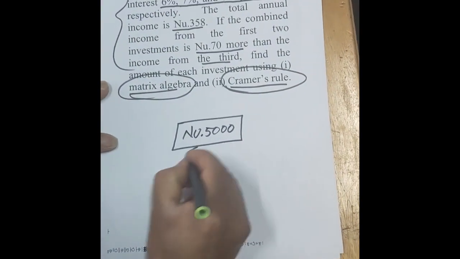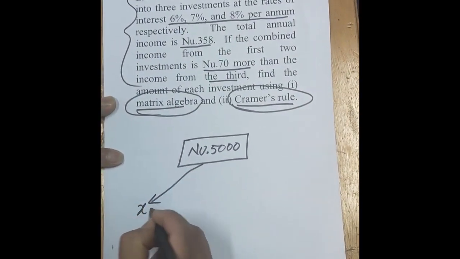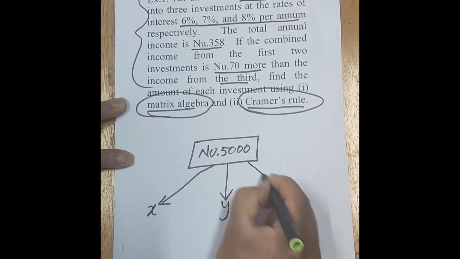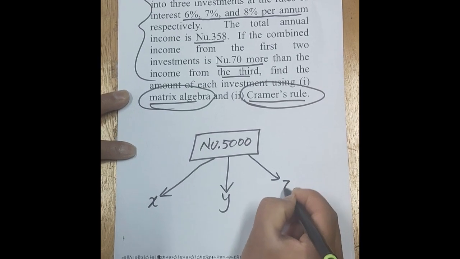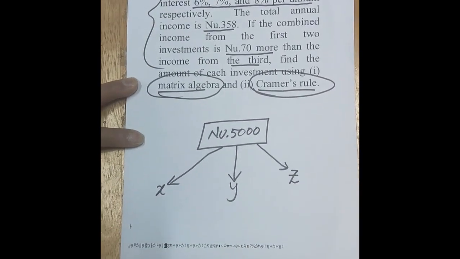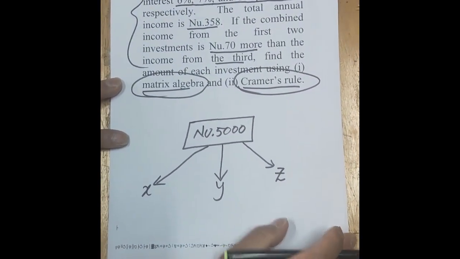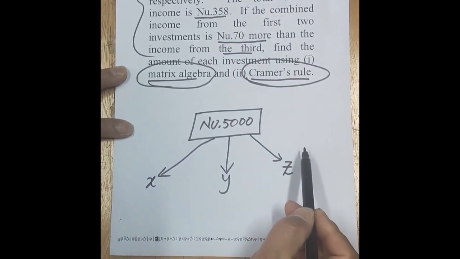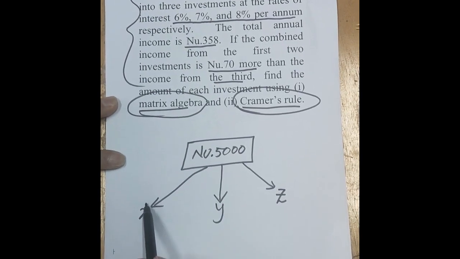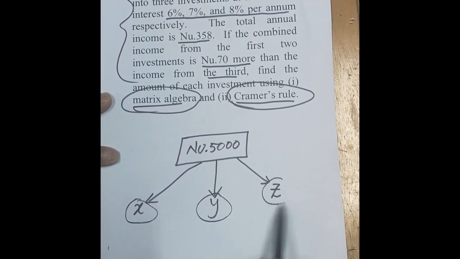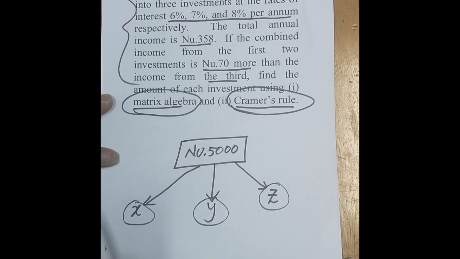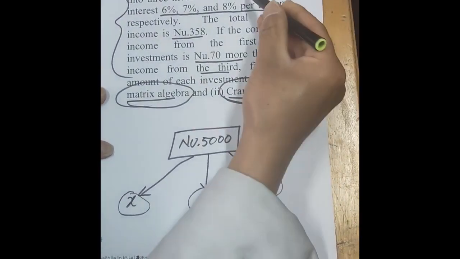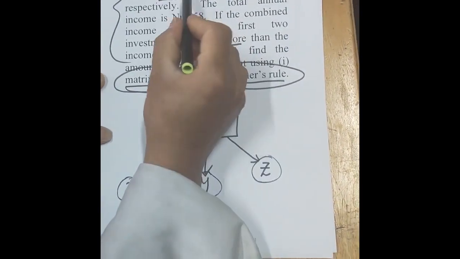Let's say our first investment is X, the second investment is Y, and our third investment we denote by the variable Z. So our 3 investments are X, Y and Z.